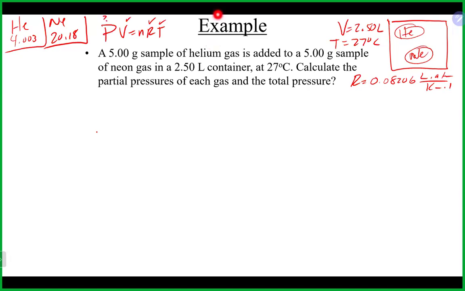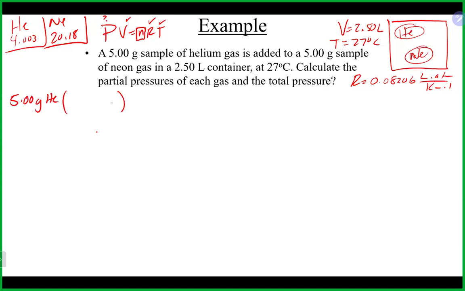So really the only thing that we're missing in this case to solve for the partial pressure is the moles of each gas. And that again is typically the thing you're missing. So we just need to convert our grams that was given to us of each gas into moles. So we'll start with that. We'll take our 5 grams of helium.